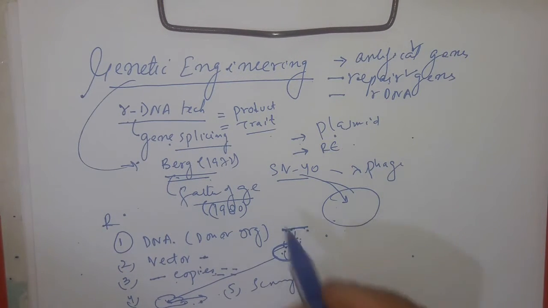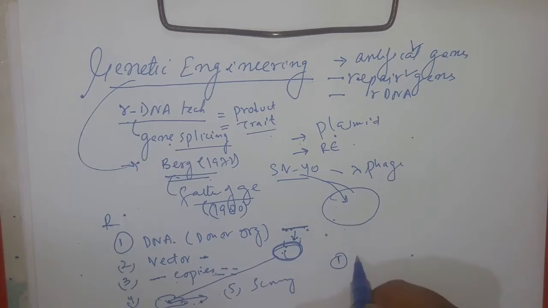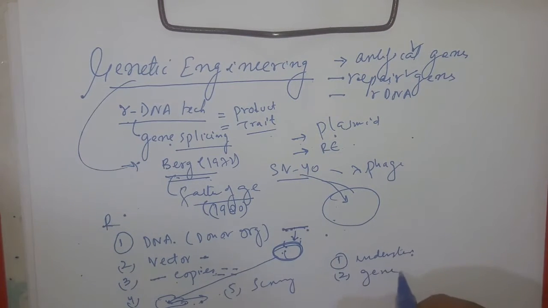Now this science of genetic engineering and recombinant DNA technology is being used for different things. If we take its usage: first is understanding molecular events in biological processes like growth, differentiation, aging, etc. Second is preparation of gene maps.